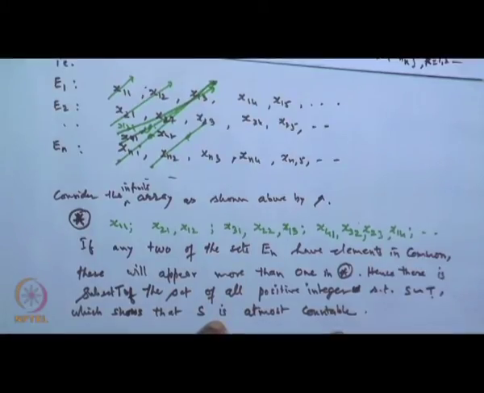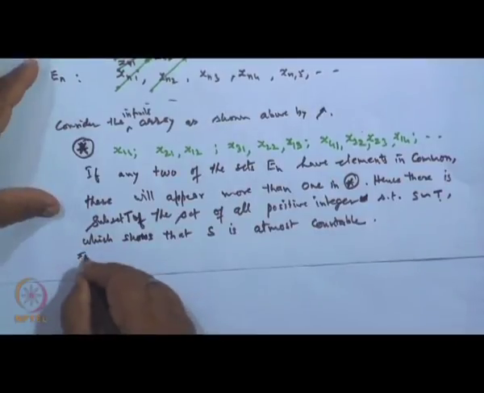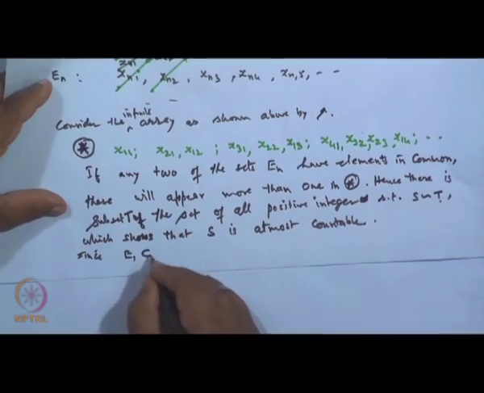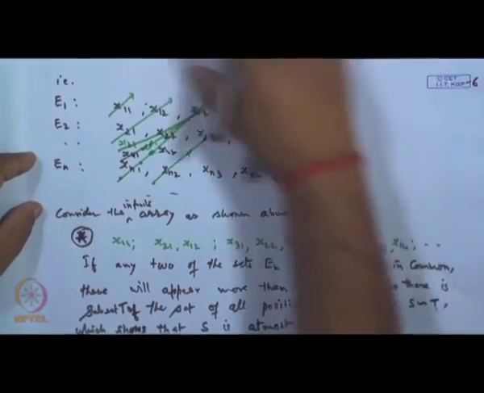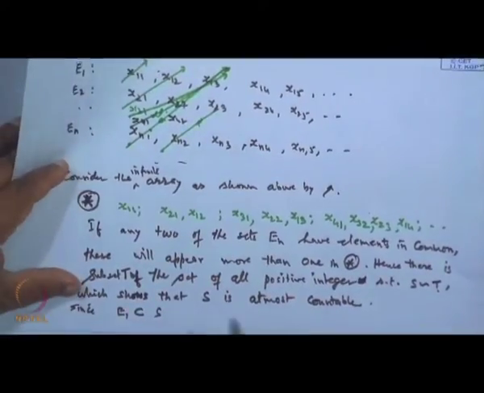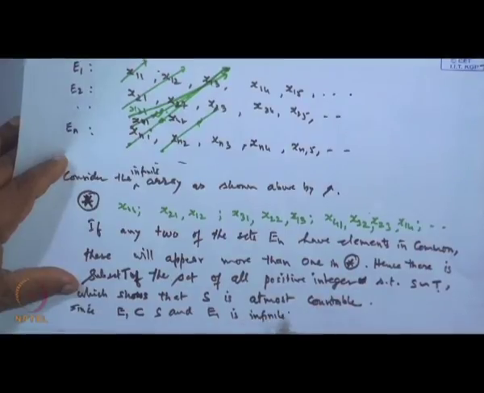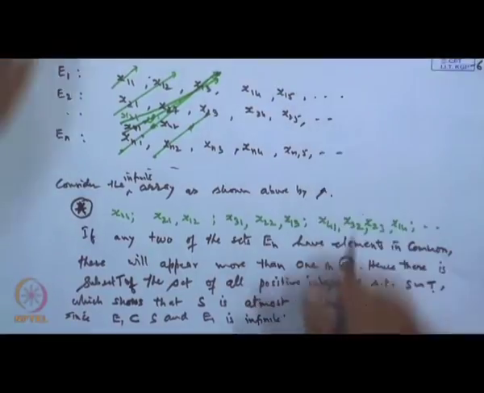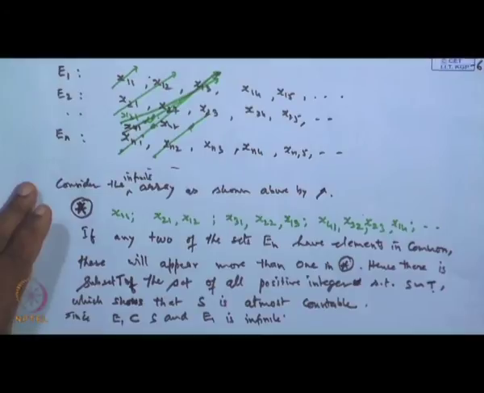Let us see why, because E1 is contained in S, because S is the countable union of these E n's. So, E1 is contained in S and E1 is given to be infinite, because it is already given that the sequence of countable sets E n's is a sequence of countable sets which are infinite.